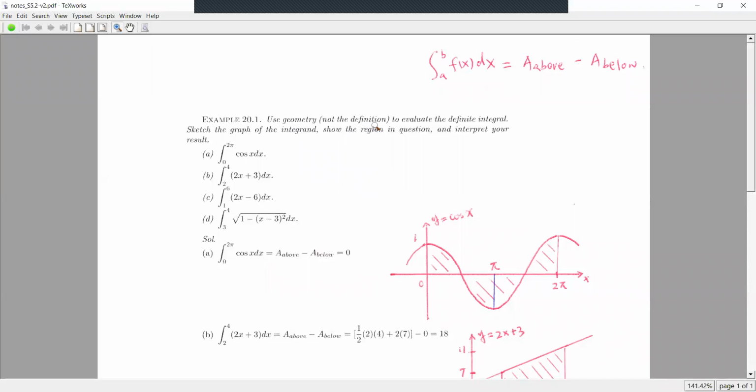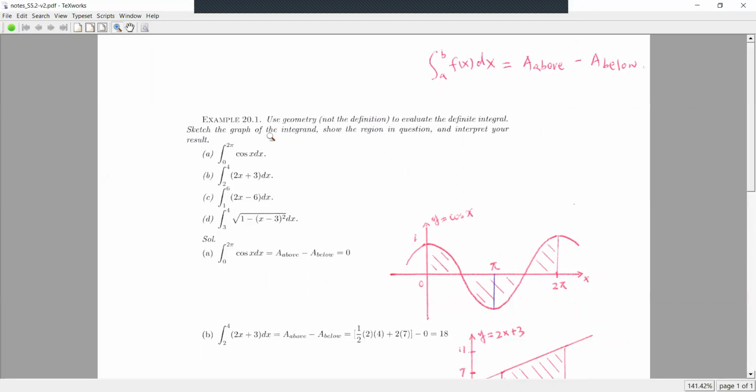To compute an integral, you need to cut the interval AB into subintervals, then build rectangles, then sum up the areas of the rectangles, then compute the limit. Very tedious. So don't use the definition to find the following definite integrals, but use geometry. That means use this formula to find the following integrals.